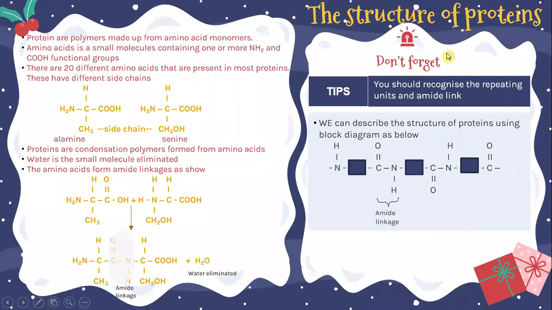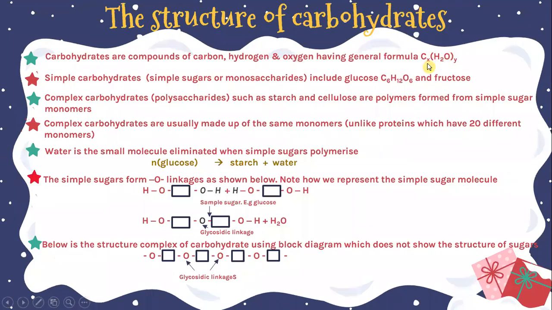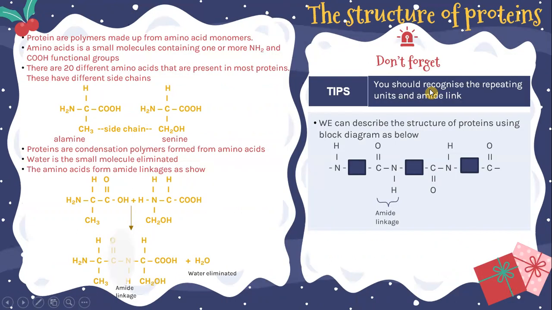Let's look into the structure of protein. Proteins are polymers made up from amino acids, which are called monomers. An amino acid is a small molecule containing one or more NH2 and COOH functional groups.